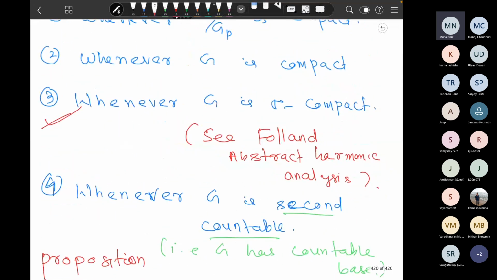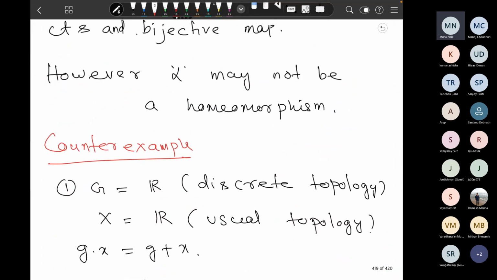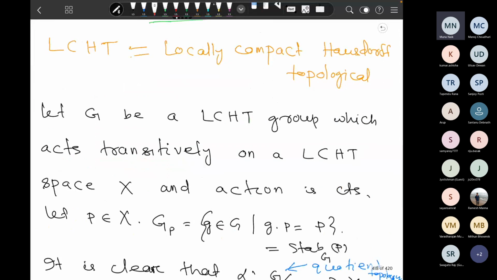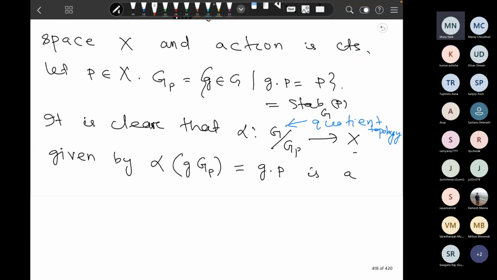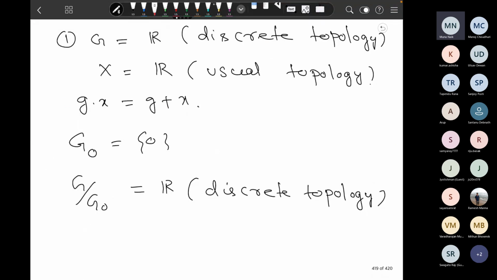Now we move to the Lie group setup. In the Lie group setup, we have to replace everything by a smooth manifold and G to be a Lie group, and in that situation we demand that alpha is a diffeomorphism. Since the group action is smooth, you expect that you will get some better result, but you will not.